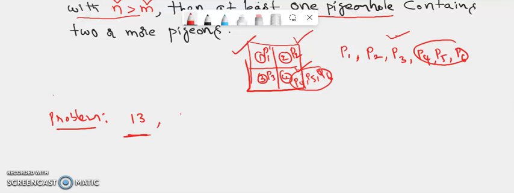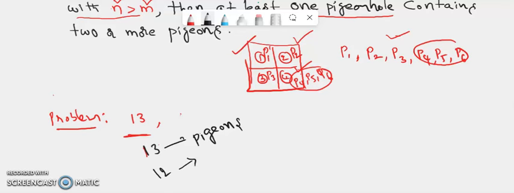Let us assume here 13 children as pigeons, and the year has 12 months.